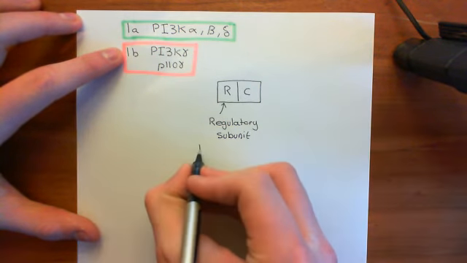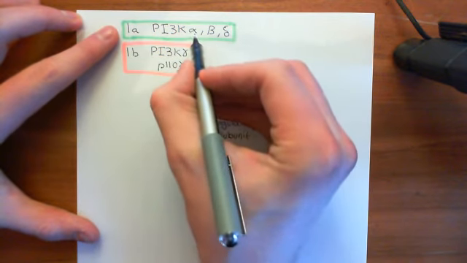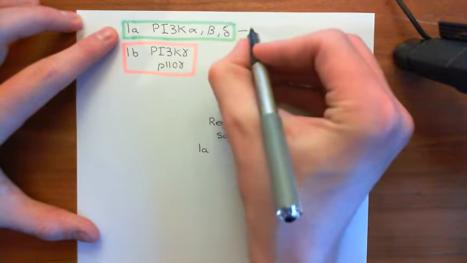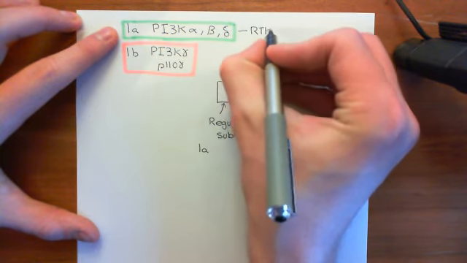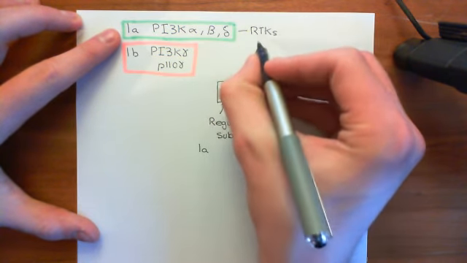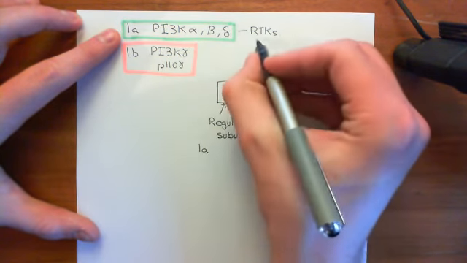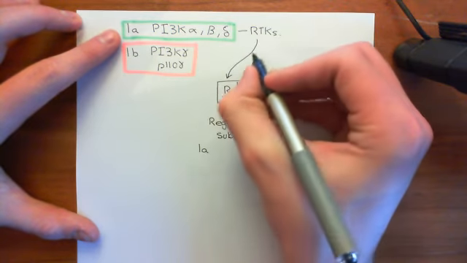If you are a type 1A PI3 kinase, you are going to be regulated by receptor tyrosine kinases. How do receptor tyrosine kinases activate you? Well, they interact with your regulatory subunit. They don't interact with the catalytic subunit. They activate the regulatory subunit.